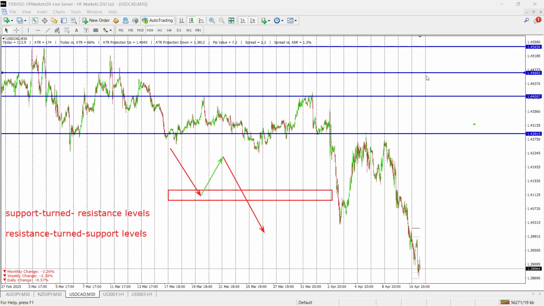This level that has just been broken will automatically become resistance for price. This is what we mean. It was one support here. Here it was support. But then something happened here.